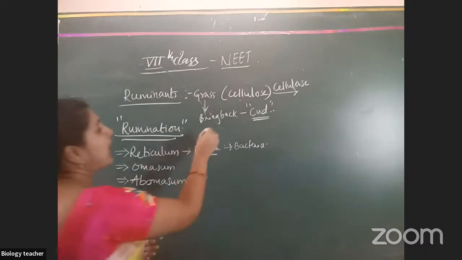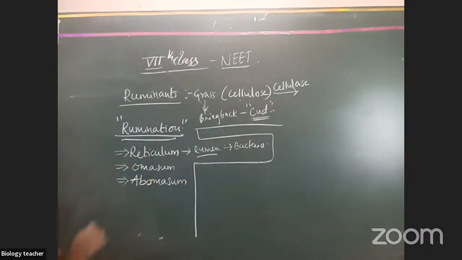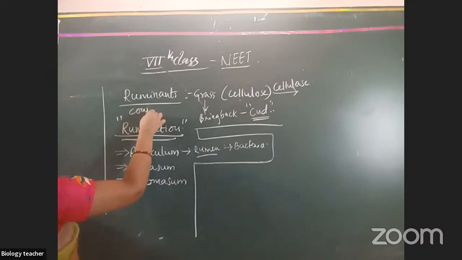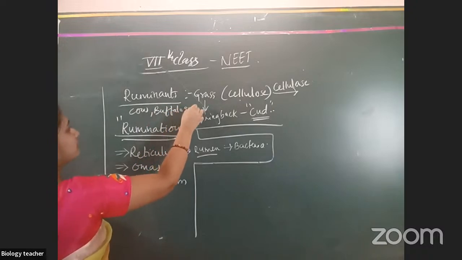So next, another thing. The examples of ruminants: cow, buffalo, goat, camel, etc.